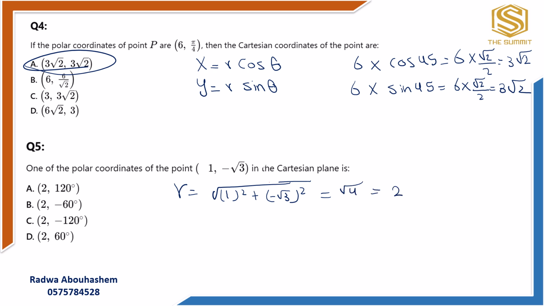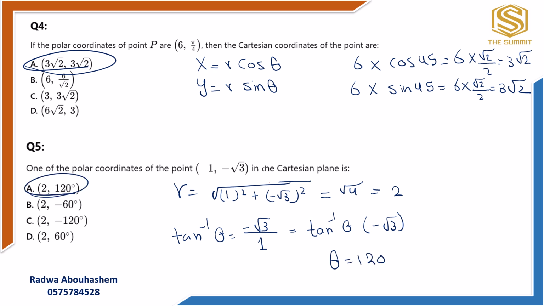I got the r. Now let's get the inverse tan theta, y over x. So negative root 3 over 1. Gives me negative. So which one has negative root 3 as a tan? So here theta equals 120.